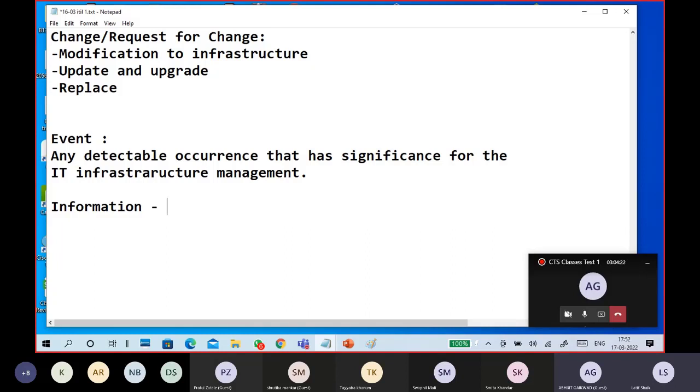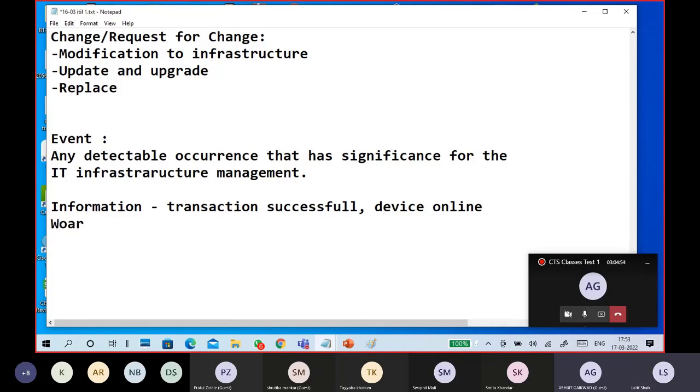It shows in blue color. It means transaction successful, device online, working properly, backup completed successfully, task done successfully.